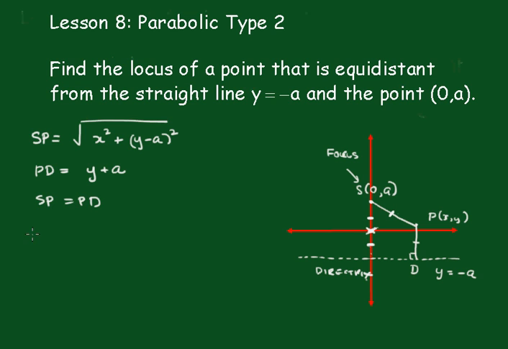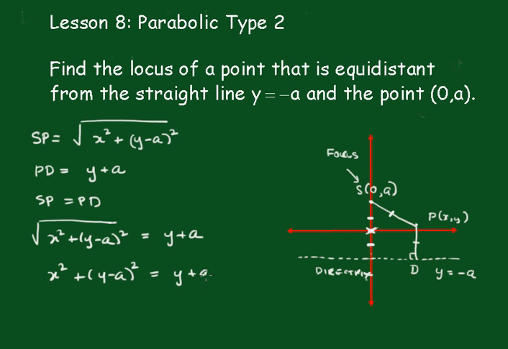Therefore, we can say the square root of x squared plus (y minus a) all squared is equal to y plus a. Squaring both sides, we get x squared plus (y minus a) all squared equals (y plus a) all squared.